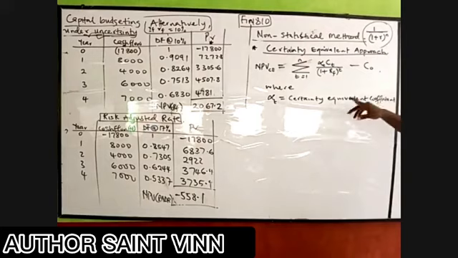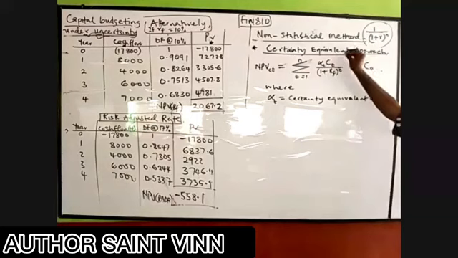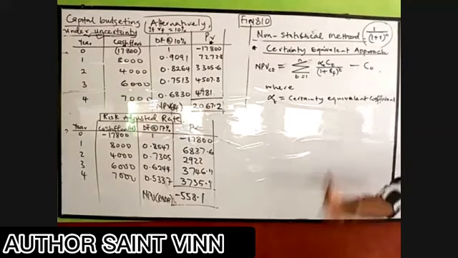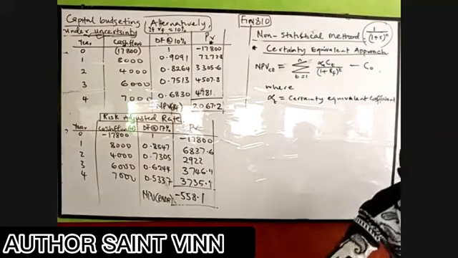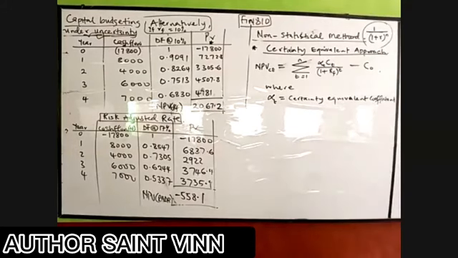Certainty equivalent approach is to reduce the risk in cash flow, while risk-adjusted is only about the rate; it does not affect cash flow. The certainty equivalent approach reduces the risk in the cash flow alone. It does not affect our rate, while the other one is affecting rates. So there are two things affecting risk.